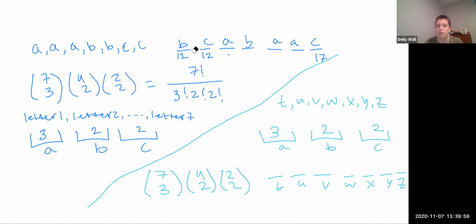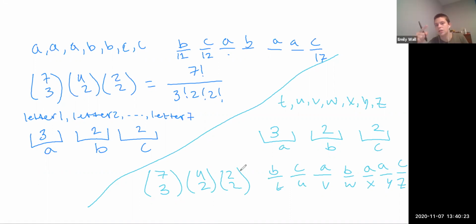And so 7 choose 3. One example is it picks the letters V, X, and Y and sticks them in box A. And then 4 choose 2 might pick T and W to put in box B. And 2 choose 2 picks U and Z to put in box C.